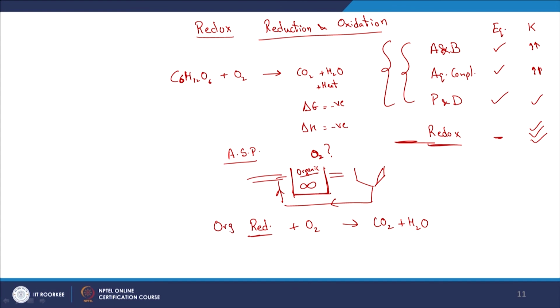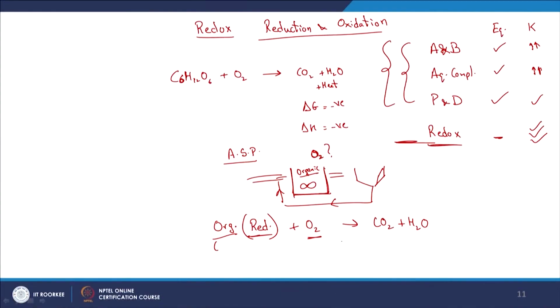So this is the organic compound which is relatively in the reduced form, and you are going to supply oxygen, and the microbes are going to act as catalyst. The enzymes released by the microbes are going to act as catalyst to make this particular redox reaction go through faster. If there were no microbes, it is going to take a remarkable amount of time, the kinetics is going to be very slow. But the role of the microbes is to assist in this process.